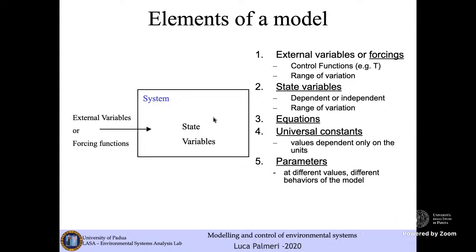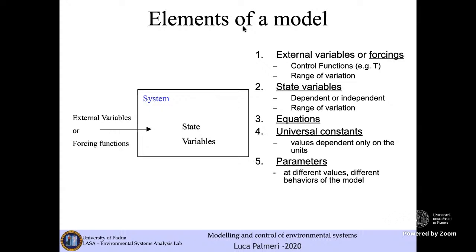The temperature T is the prototypical example of a forcing function, a control function. It is important to note, as you probably already know, that temperature is one of the key parameters that influence the performance of biological processes, of course, of ecological, biological, chemical, physical processes, and so on.